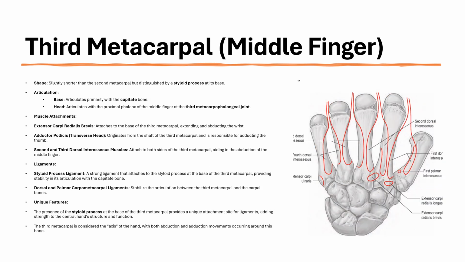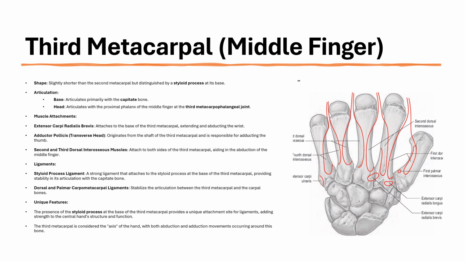When we talk about the third metacarpal bone, that is of the middle finger, the third metacarpal has a short styloid process. Whenever we see the third metacarpal bone of the middle finger, we will find that it is slightly shorter than the second metacarpal, but we distinguish it only by its styloid process at the base.